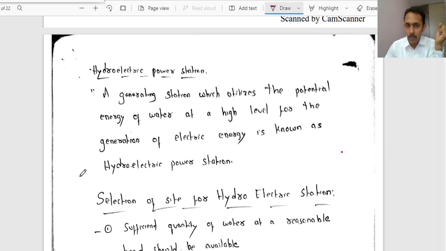In this video, we are going to discuss the layout and operation of a hydroelectric power station, and we will see what we mean by a hydroelectric power station, its definition, and its purpose.